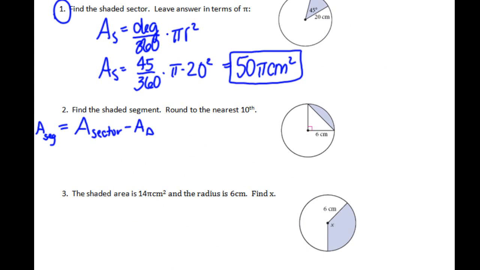The area of the sector, remember, is the degree measure, which is 90, over 360, times pi, times the associated radius, which is 6, minus the area of this triangle. If I take that triangle out of it, then I'll just be left with this, which is what I want. The triangle is 1/2 base times height, which is 6 times 6.